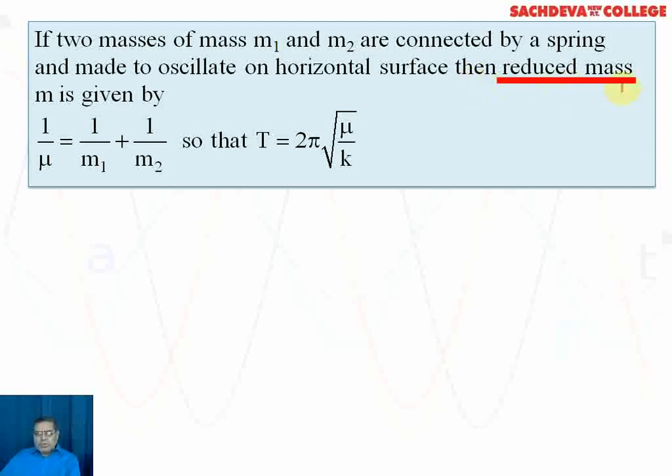Then the reduced mass is given by 1 over mu equals 1 over m1 plus 1 over m2, so that T equals 2 pi under root mu over k. The normal equation is T equals 2 pi under root m over k, so m is replaced by mu. That's why the dimensions of mu are the same as that of mass. And k is the force constant.